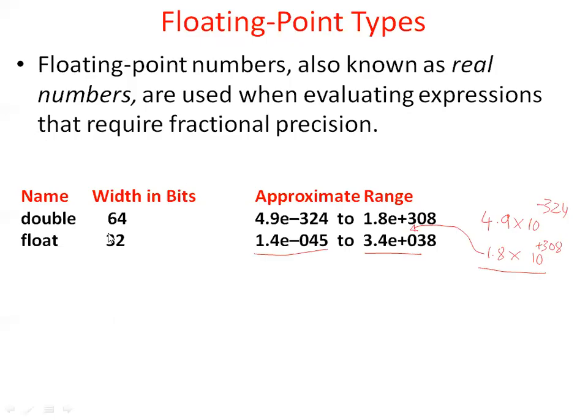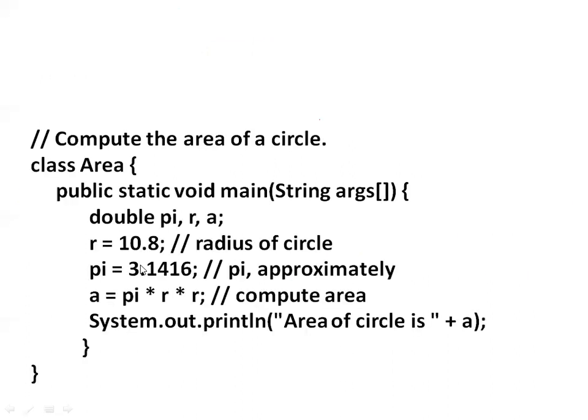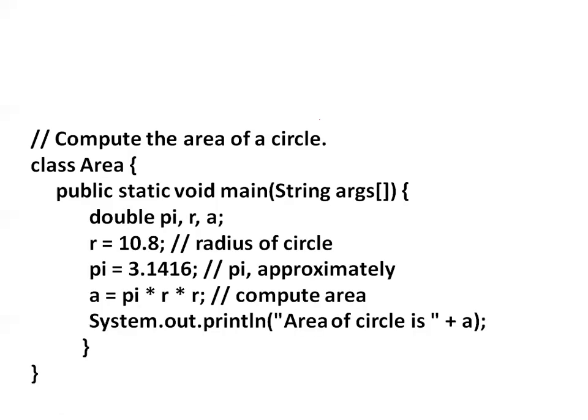Double takes 64 bits, float takes only 32 bits. That is one reason. And the second reason is that by default, any floating point number is considered as a double type. We'll discuss that later.